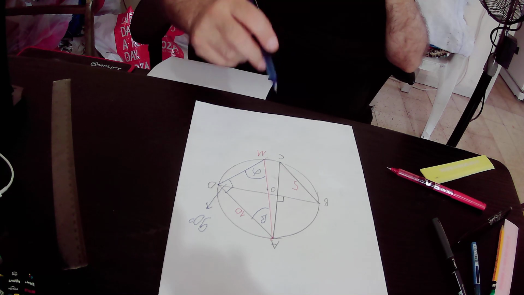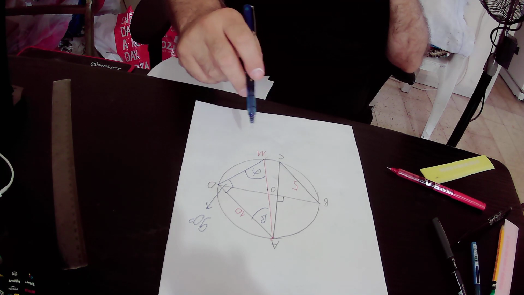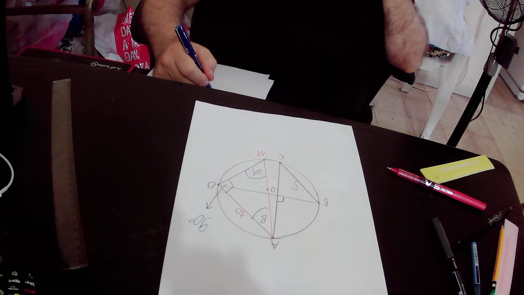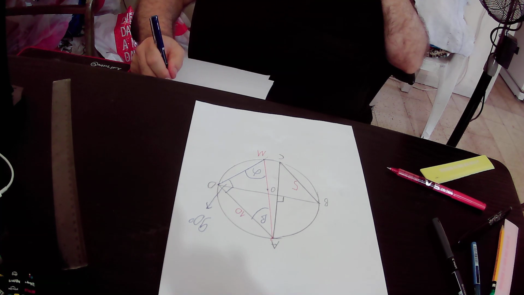What is the sum of the angles in the right triangle AMD? It is actually alpha plus beta plus 90 degrees. So I will write it down. Alpha plus beta plus 90 degrees equals 180 degrees.